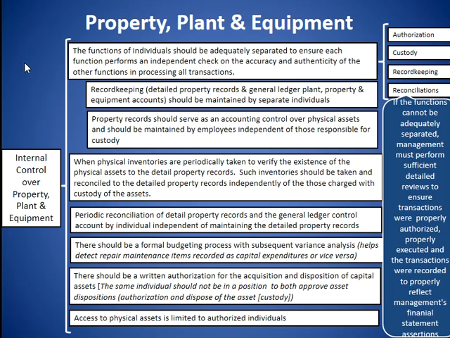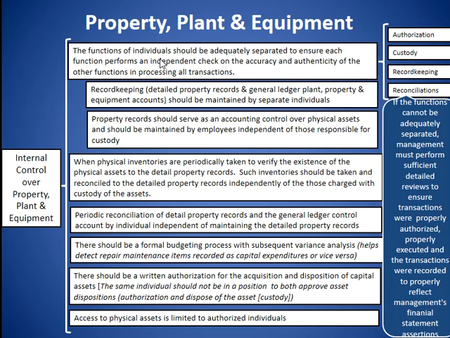Now, again, as I start off, this is the control that is in each of our transaction cycles, and it's regarding segregation of duties, and it's the same box and the same explanations.